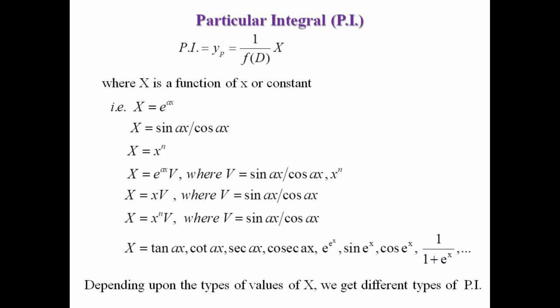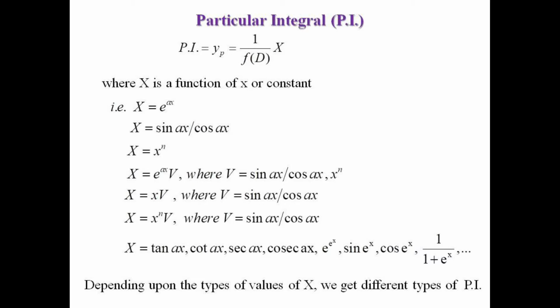Function of small x means capital X may be an exponential function of the type e raised to ax, capital X may be sine of ax or cos of ax, that means a trigonometric function, or capital X may be of the type x raised to n, that means an algebraic function. Capital X may be a combination of exponential function with trigonometric and algebraic function, that means capital X is equal to e raised to ax into v, where v is either sine of ax, cos of ax, or x raised to n.